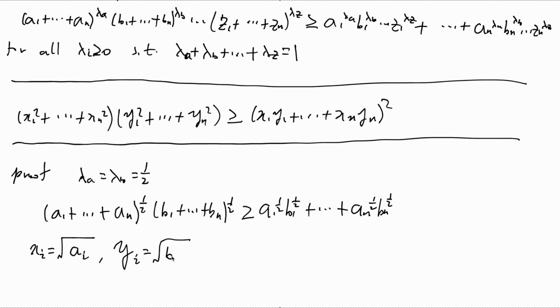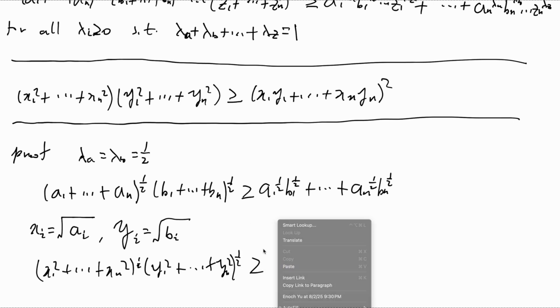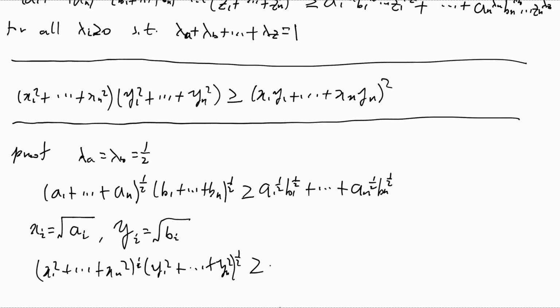Then rewriting, we get (x sub 1 squared plus ... plus x sub n squared) to the power of 1 over 2, you will start to see the shape here, times (y sub 1 squared plus ... plus y sub n squared) to the power of 1 over 2 is always greater than or equal to x sub 1 times y sub 1 plus ... plus x sub n times y sub n.